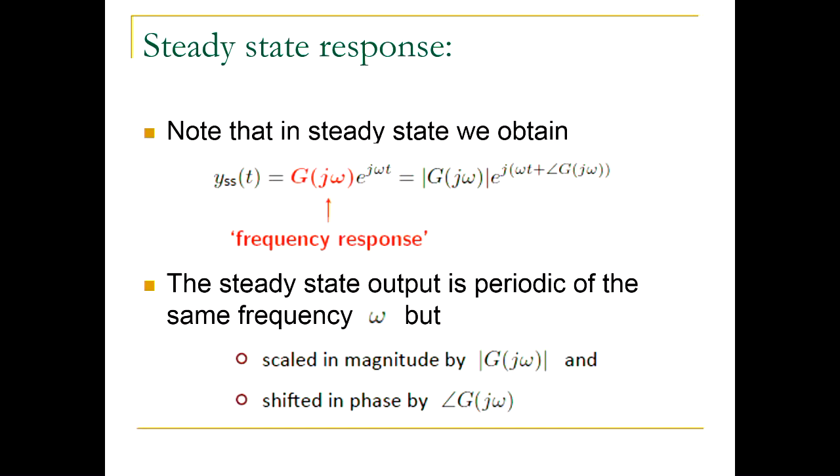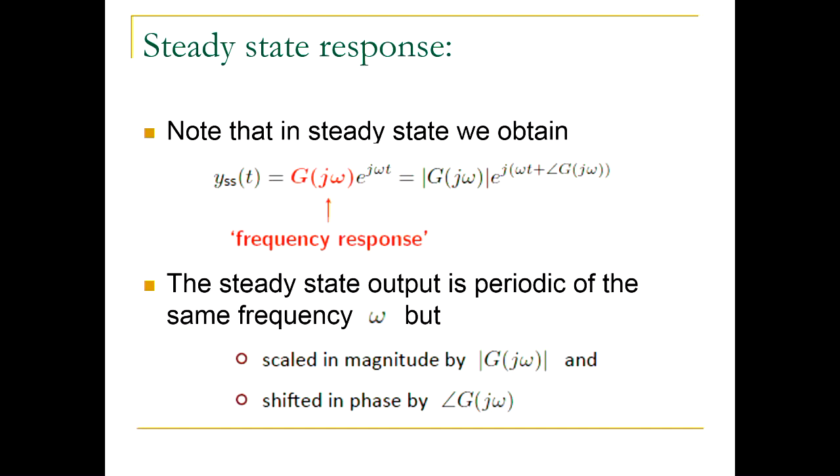But mathematically, we would often want to plot what G(jω) does even for negative frequencies. Mathematically, it would turn out to be a very useful object, and it would sometimes be easier to work with. So actually, what we will be plotting here is G as jω changes, so omega changes from minus infinity to plus infinity.